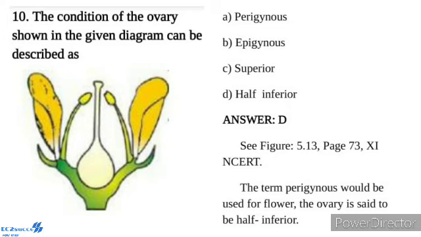The other parts of flower arise above the ovary. Hence, the ovary is said to be inferior, as in flowers of guava and cucumber and the ray florets of sunflower. So, the correct answer is option D. D is the term perigynous would be used for flower. The ovary is said to be half inferior.